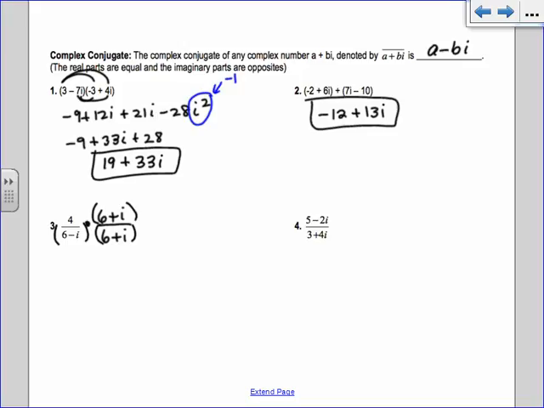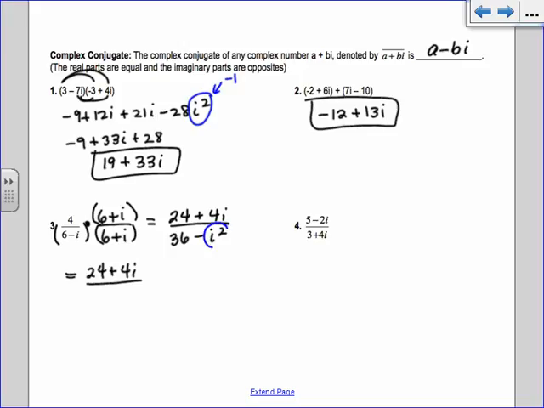Okay, so on the top, I'm going to get 24 plus 4i. And on the bottom, when I FOIL it out, only the first and last terms remain. The outer and inner end up canceling, right? So I get 36. The outer was 6i, and the inner was negative 6i, so those go away. Then I get minus i squared. So 36 minus a negative 1, right?